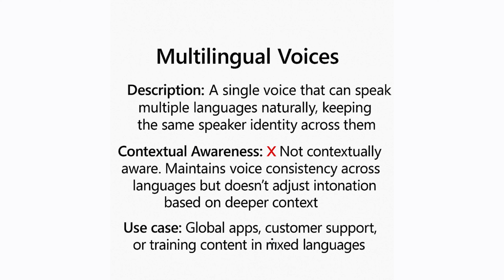They are not contextually aware, but they do maintain voice consistency across languages, but they don't adjust intonation based on deeper context. Some use cases for that would be global apps, customer support, or training content in mixed languages.